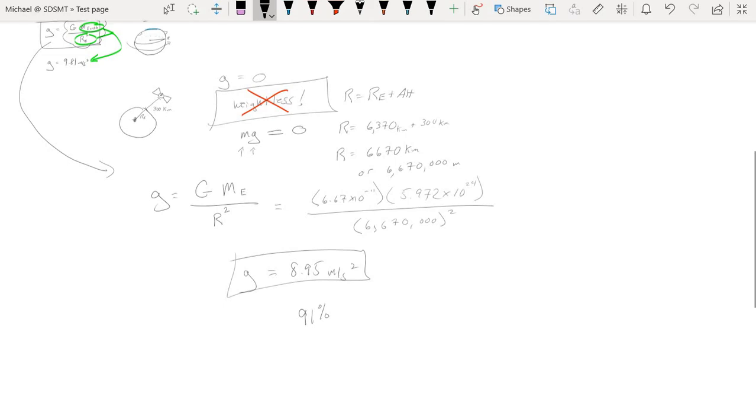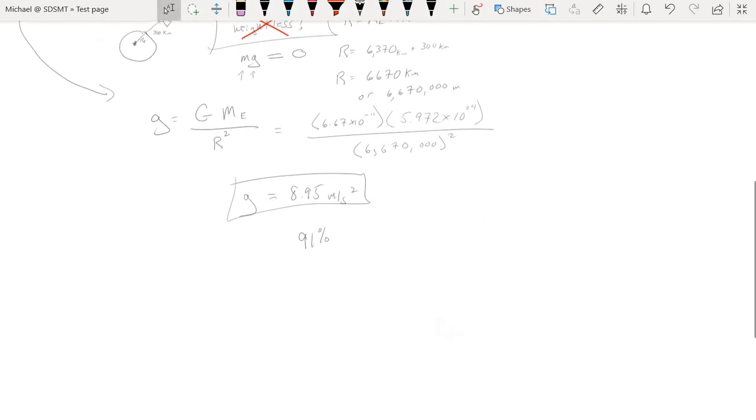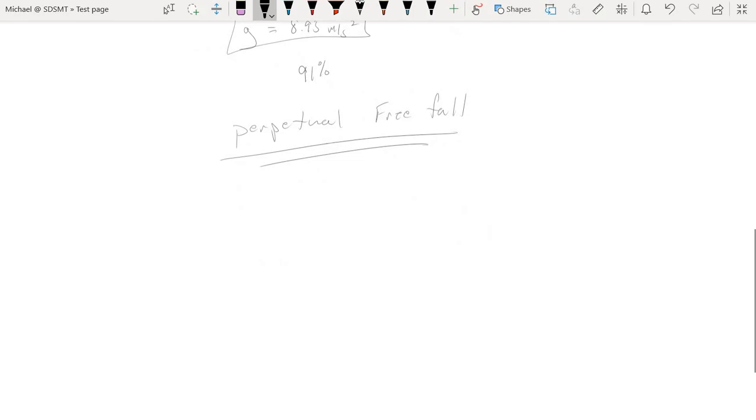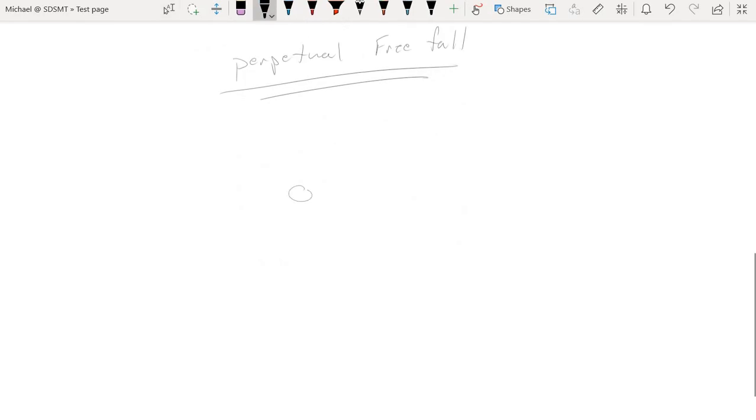And again, I say that the term weightless is incorrect. A better term for what they are experiencing and what you are seeing is called perpetual free fall. We need to keep in mind that as a force, gravity is constantly going to be pulling that space station down to the ground.